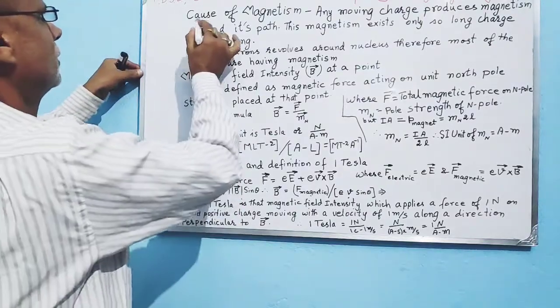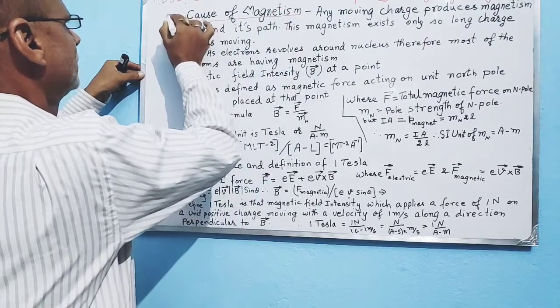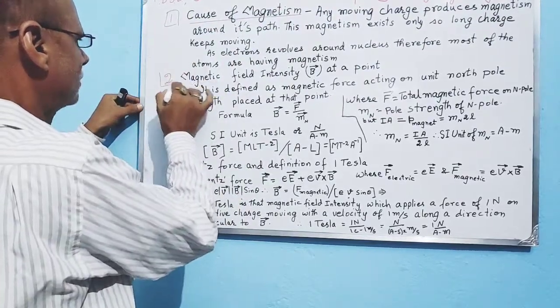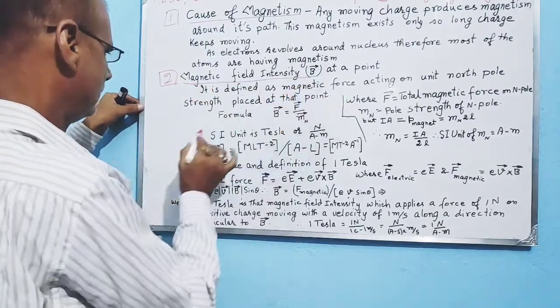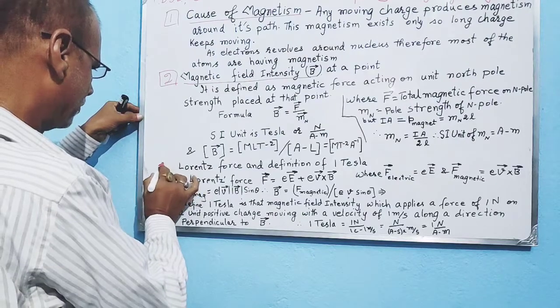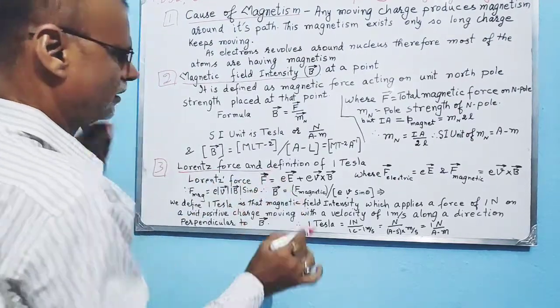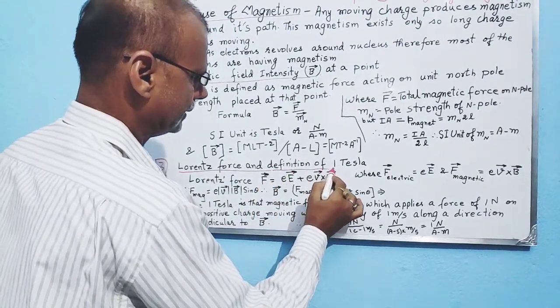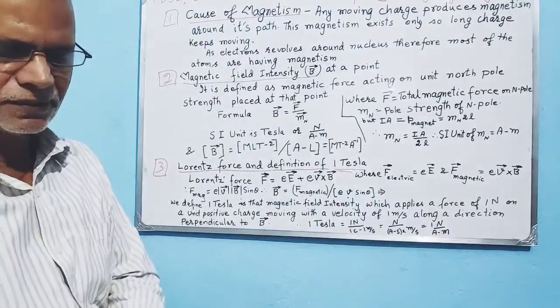We will talk at first about the cause of magnetism, then magnetic field intensity, and then finally Lorentz force. We will also define the SI unit of magnetic field intensity, that is 1 Tesla. So now let us start.